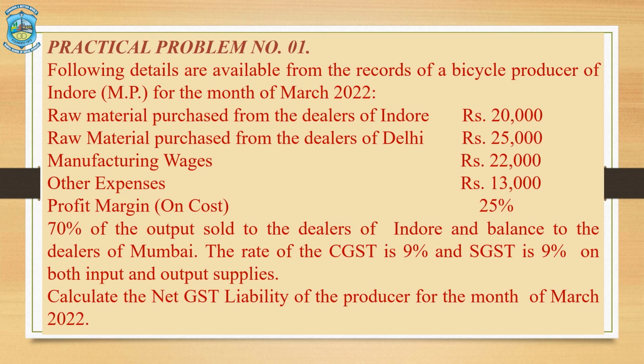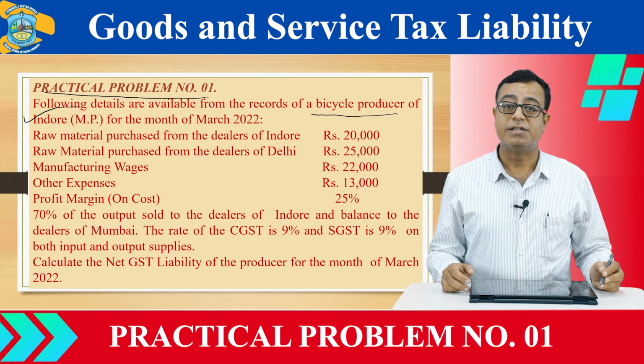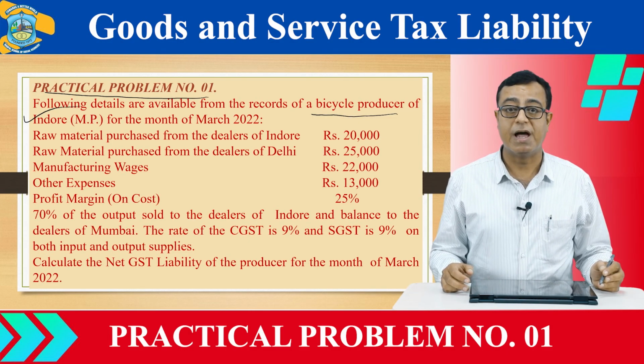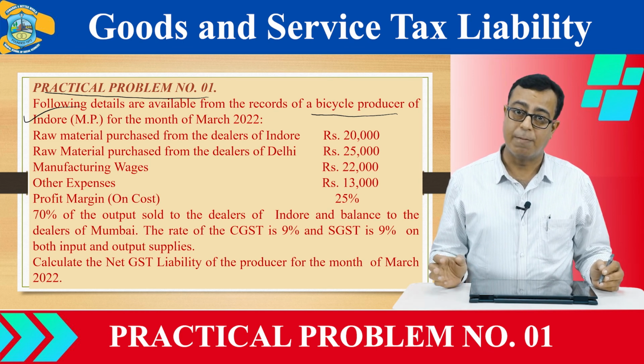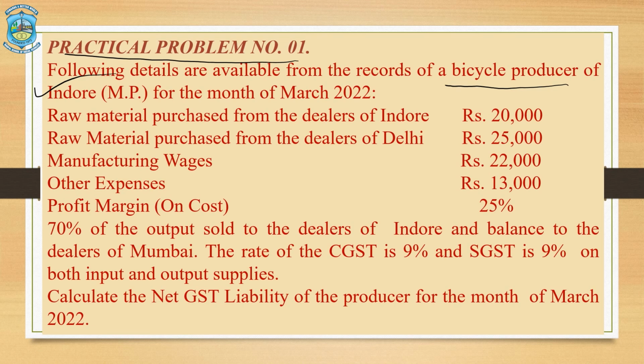Here we have a practical problem that is related with a particular bicycle producer of Indore. Indore is the city situated in MP. Remember, we are talking about a bicycle manufacturer belonging to Indore, MP. We have the details of this particular dealer.